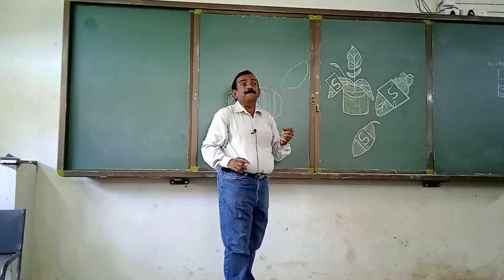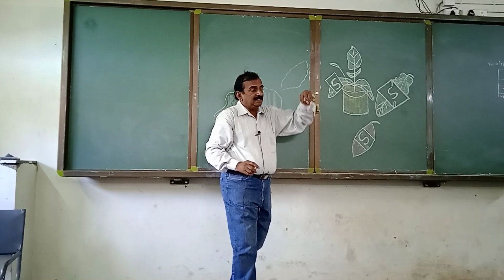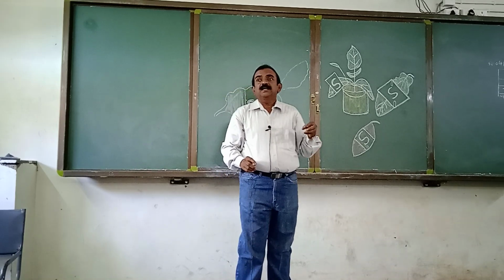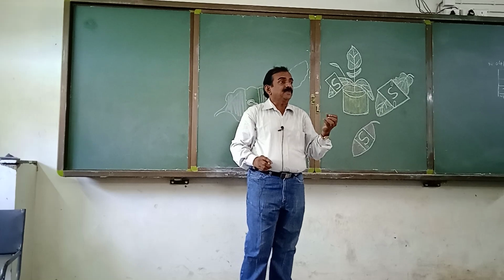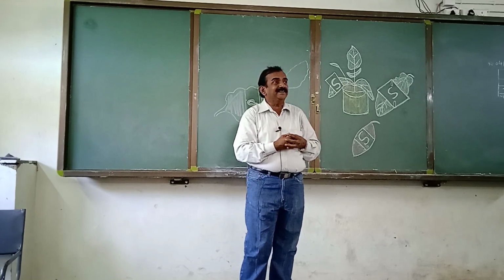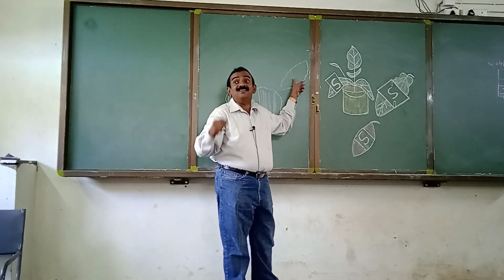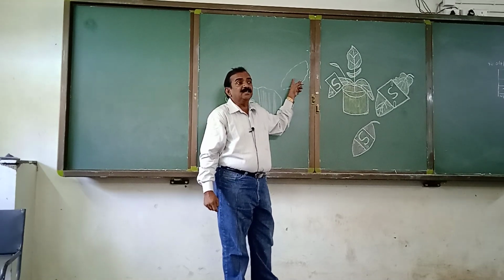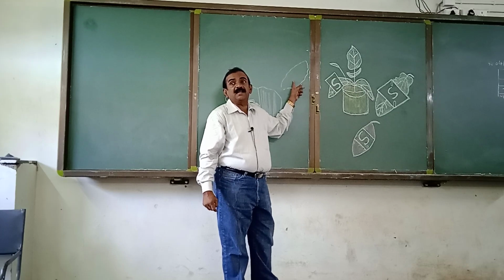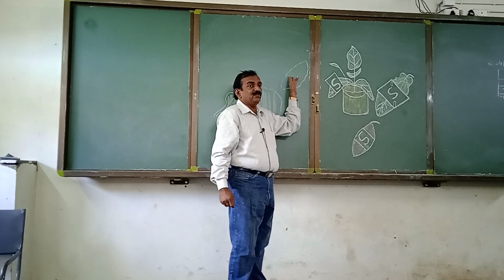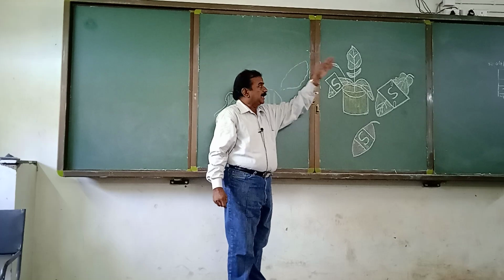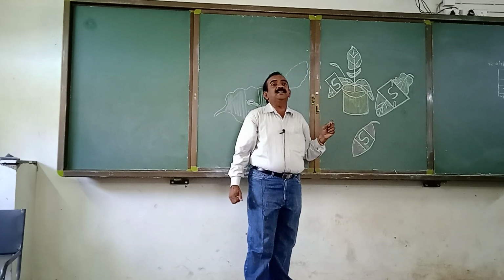That should be kept in a beaker which contains water, and we need to boil it. Thereby the chlorophyll present in the leaf dissolves, disappears, and the leaf becomes pale color.